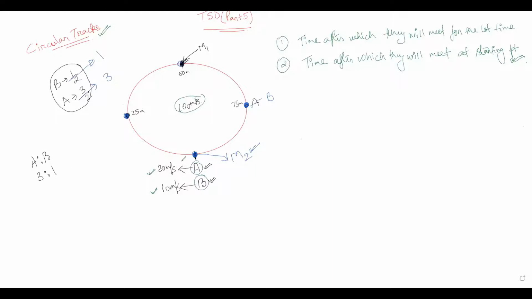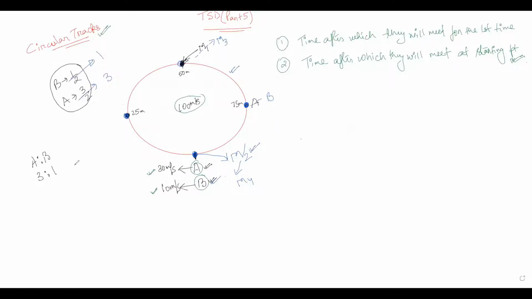That means from one meeting point to the next meeting point, the faster person, that is A in this case, will cover 1 complete round more than the slower person, that is B. Now, if we continue in a similar way, we can say that they'll be meeting here for the third time, and they'll be meeting here for the fourth time, and so on. So that means there will be only 2 meeting points for this particular case, which would be alternate and would be diametrically opposite to each other.